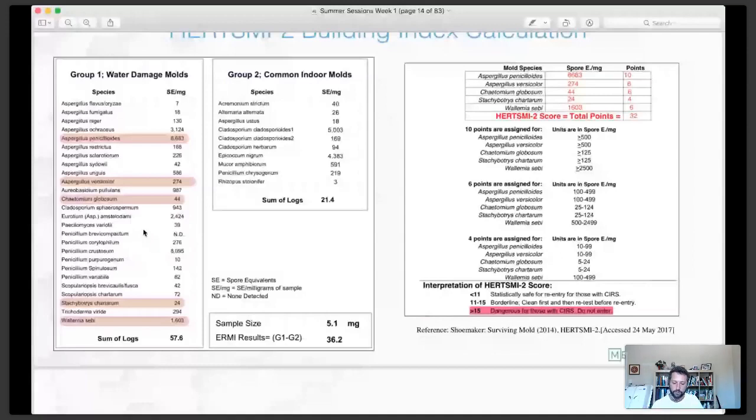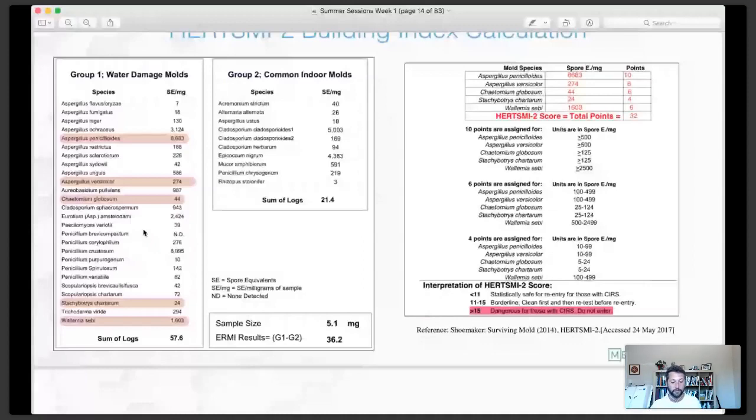If the HERTSMI-2 score is greater than 15 and the person has an inflammatory response to mold, it's imperative that they remediate and leave the home. Leave the home or suffer the consequences. Move, remediate, or suffer the consequences. That's basically what I tell clients.